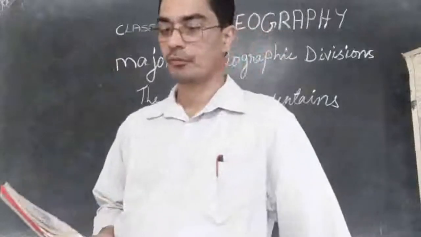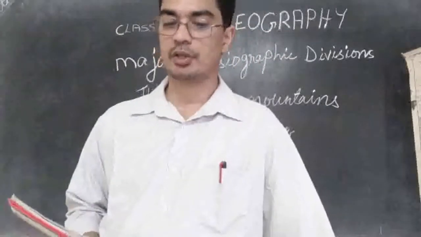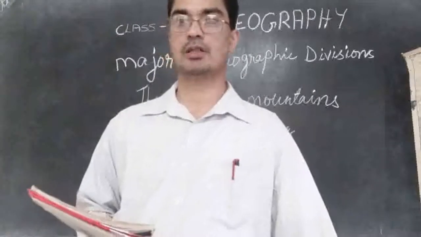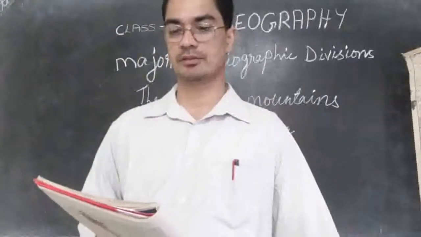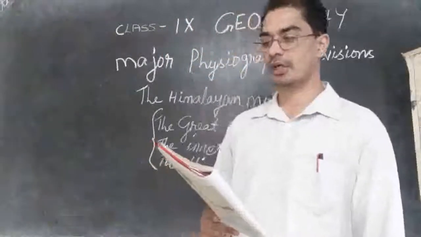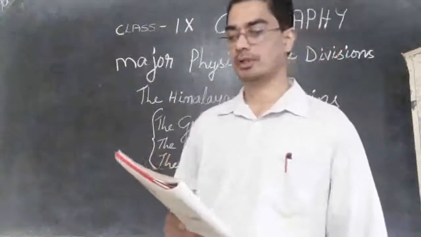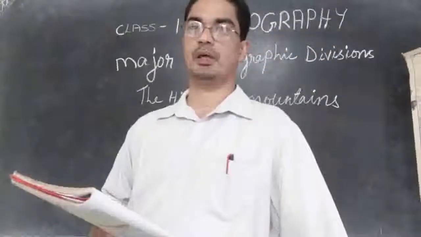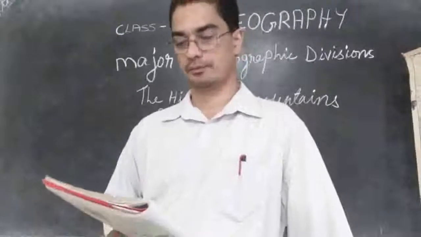Let us see. Some of the highest peaks of the Himalaya: Mount Everest is the tallest. What is the height of Mount Everest? 8,848 meters. That is the height of Everest. That is the tallest peak in the world.